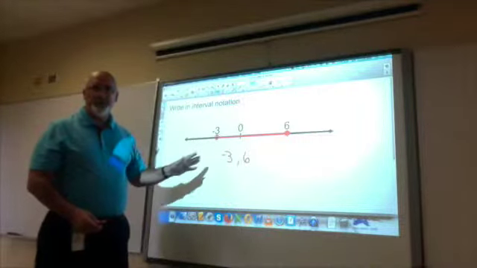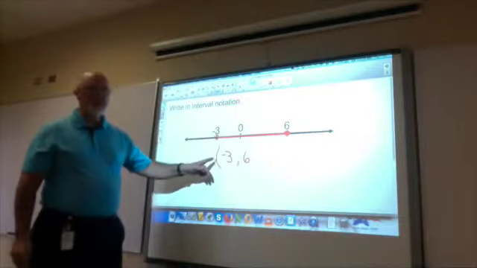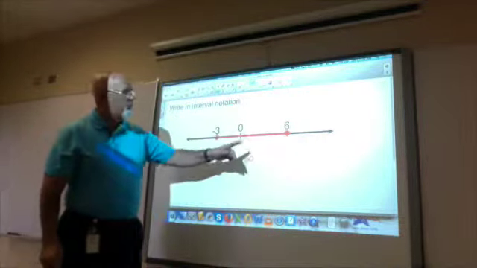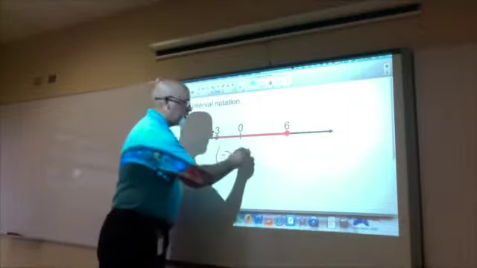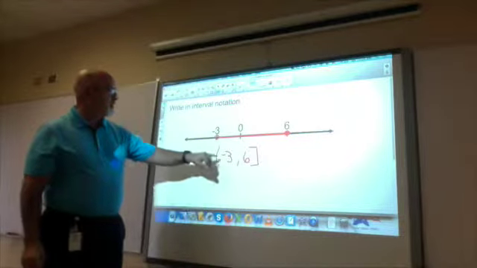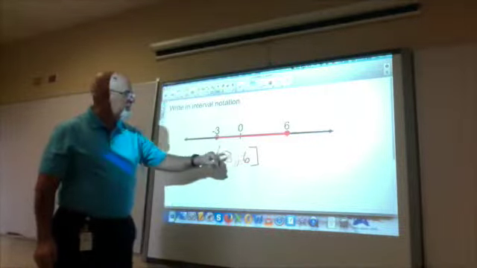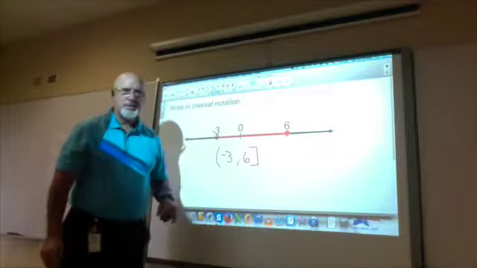That means it does not include -3. When it does not include, you put a parentheses. When it does include, like it does here with the 6 with the closed-in dot, you put a bracket. So this means from -3 to 6, but not including the -3 and including the 6.